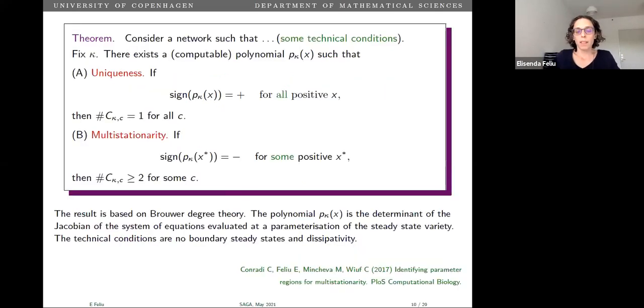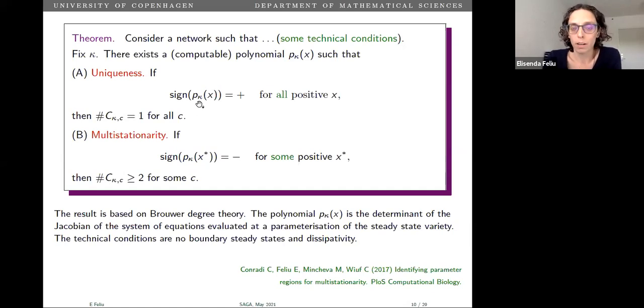So to this end, I will talk about what's now maybe an old theorem. It's from 2017, but it took time to publish the paper, so we had it already in 2015, I think. And it's as follows. It says, consider a network, and then there are some technical conditions I want to skip. If they hold, and I fix the kappa, I can find a polynomial with the following property.